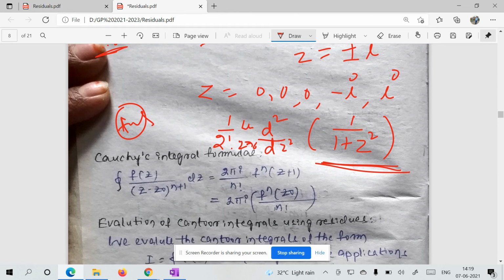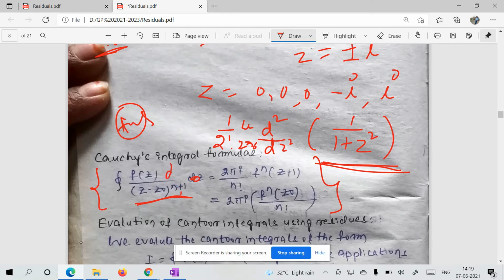Now Cauchy's integral formula, this is the Cauchy's integral formula, very very important. See this one: f of z by (z minus z naught) whole to the power of n plus 1, observe this one clearly, this is n plus 1, into dz.